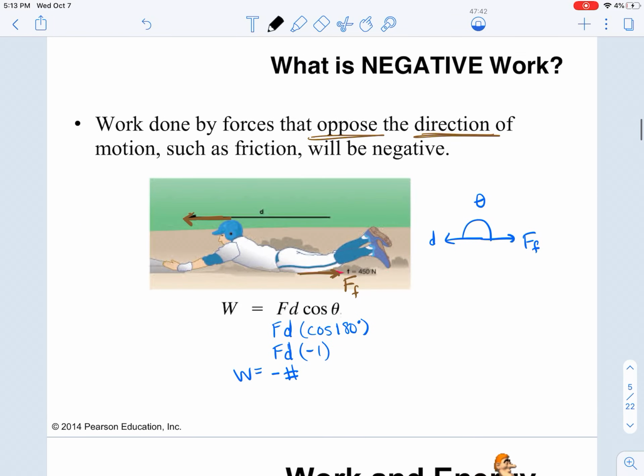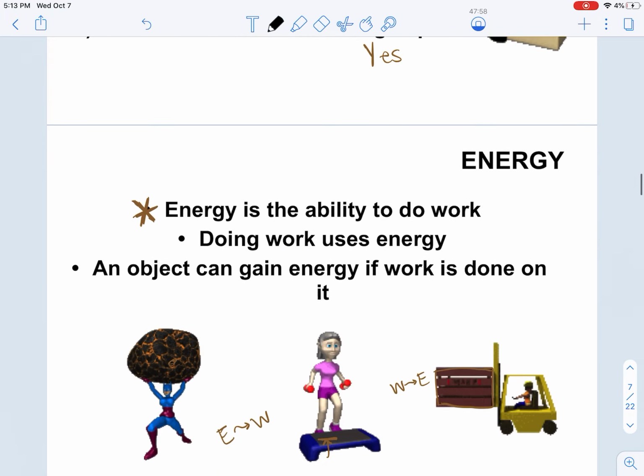If we think about the situation of my baseball player who is sliding, he is losing some of his kinetic energy because that frictional force is doing work opposing his motion, that's causing him to slow down.